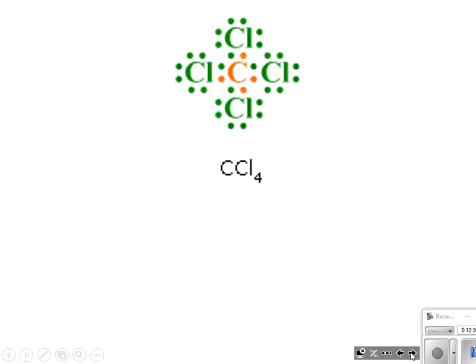A represents the central atom. What is my central atom in this? Carbon is my central atom. What does X represent? Number of bonds. How many covalent bonds do I have here? 1, 2, 3, 4. I have 4 covalent bonds here.